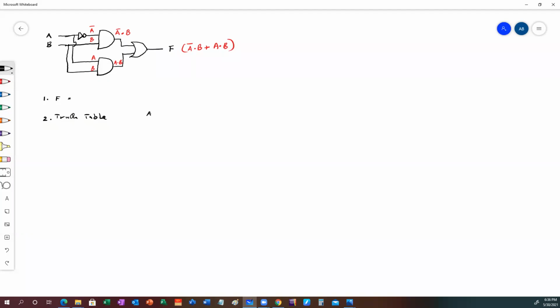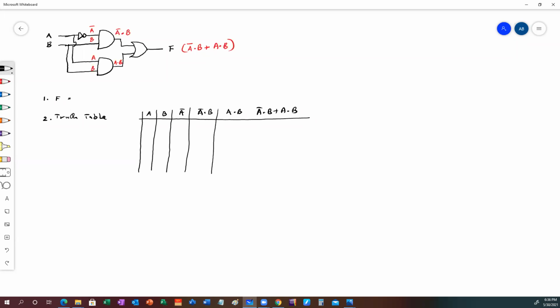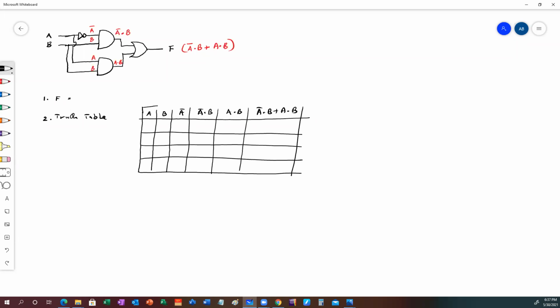Here you can have A, B, then A bar, then you get A bar and B, then you get A and B, then you get A bar and B or A and B. Right, this is what you get.